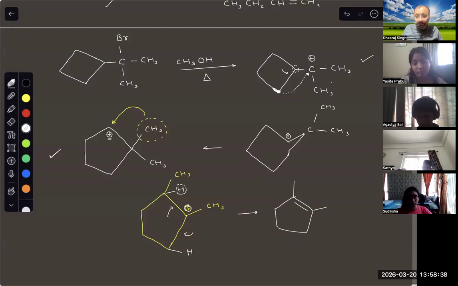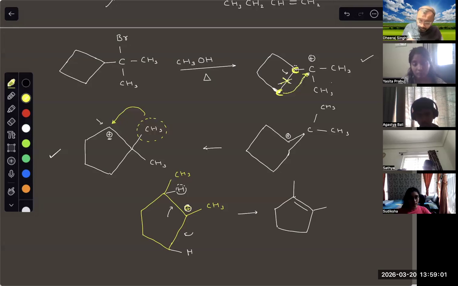Till here it's clear, no? How do you know the positive charge will go there? Because this bond has been broken. This bond has been broken for this carbon and for that carbon both. But for this carbon, one bond has broken and another bond has formed. But for that carbon, it is just that one bond is broken and nothing else happened.